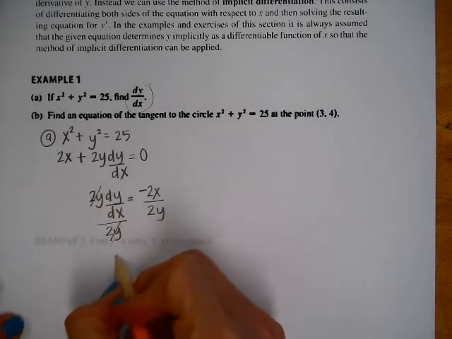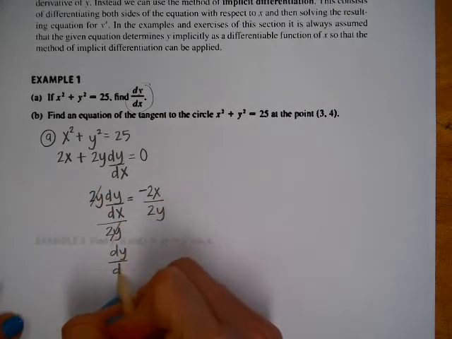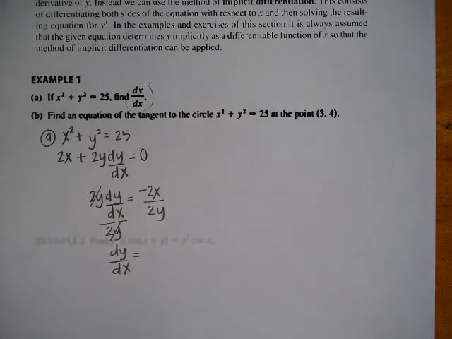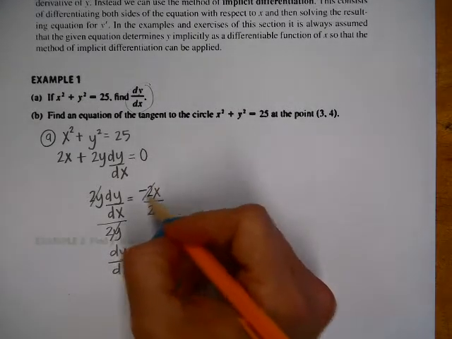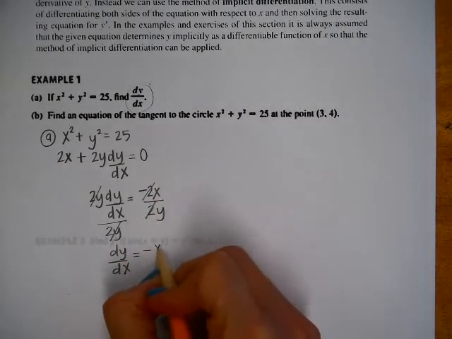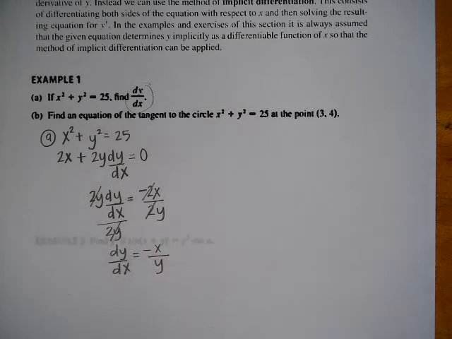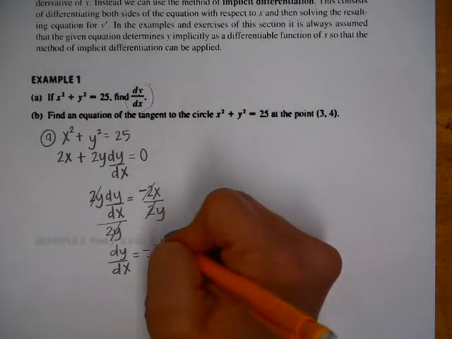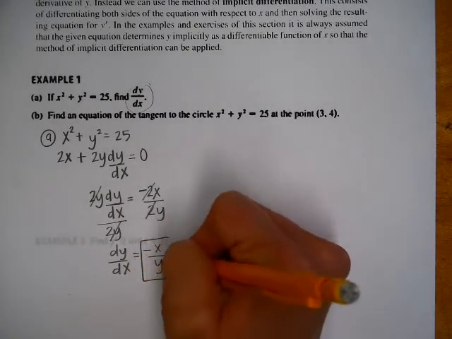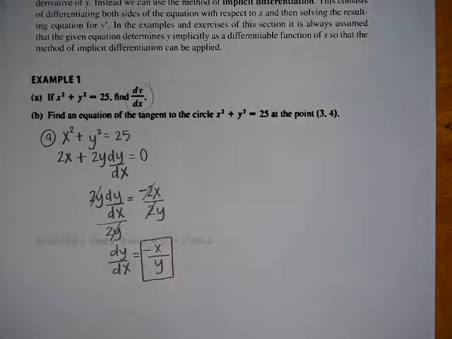They're going to cancel there, leaving dy over dx. Your 2's cancel, and I'm left with negative x over y. So for part A, they're asking for dy over dx, what is your derivative? Your answer would be negative x over y. That would be your final answer for part A.